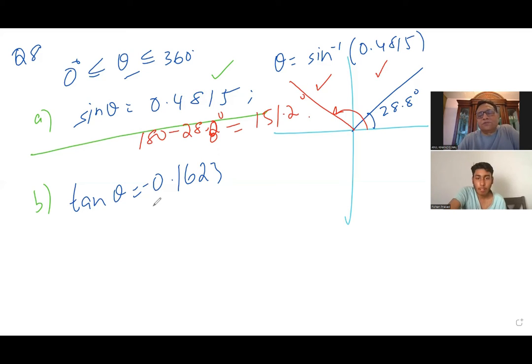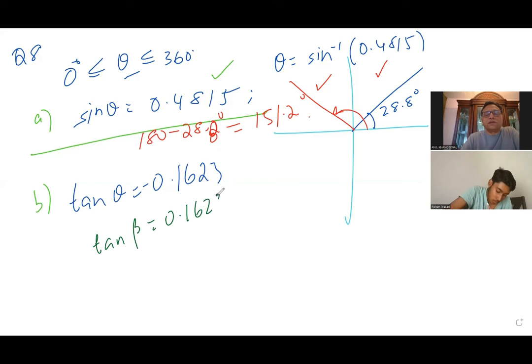For the second question, how will you do it? Similar approach, right? So just forget about the minus. You can write down tan of beta is equal to 0.1623. Find the related angle beta as tan inverse of 0.1623. Tell me what is it?